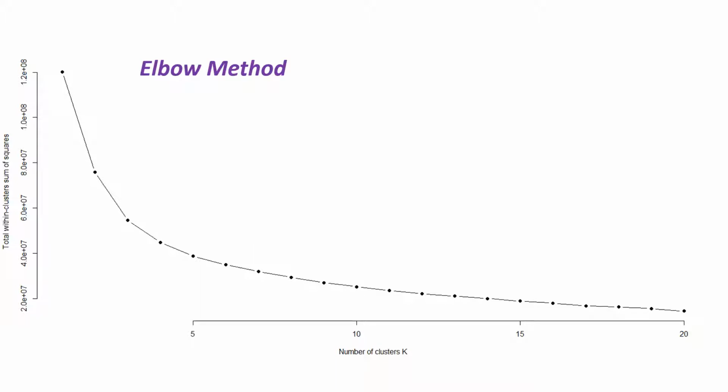And we use the elbow method to find that out. It seems that the total within clusters sum of squares significantly declines from 1 cluster to 2 clusters, but we don't really see an elbow at 2 clusters. And the total within clusters sum of squares declines again when we proceed from 2 clusters to 3 clusters.